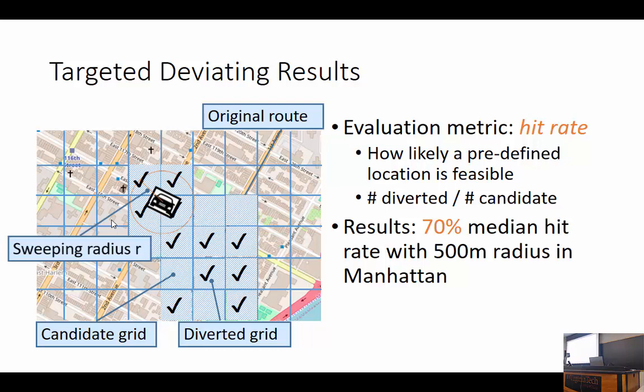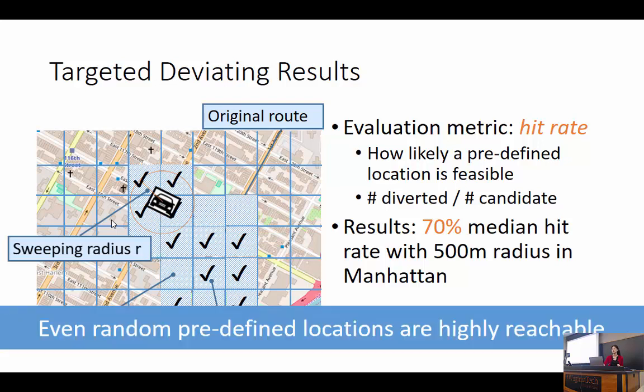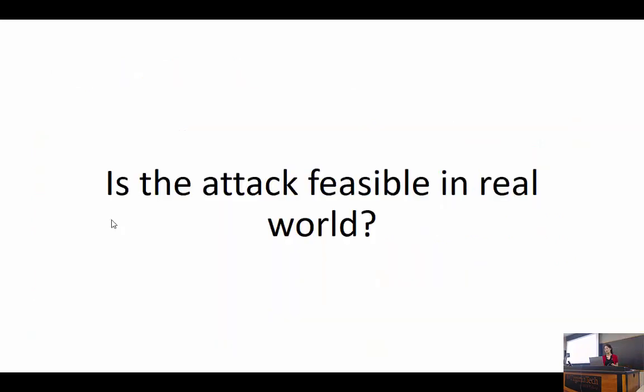So the hit rate is about 70% with a radius of 500 meters in the Manhattan area. This means that even if the attacker puts in a randomly predefined location, there is still a very high probability that he will be able to divert the victim there. So this is all about our theoretical computation and evaluation in simulation.